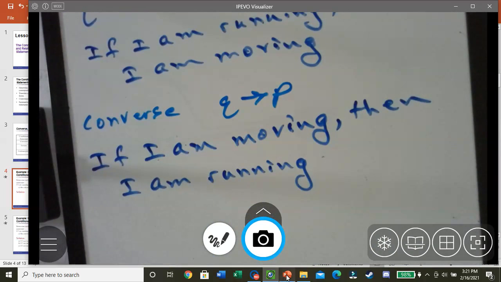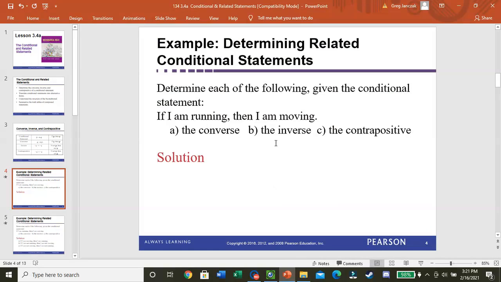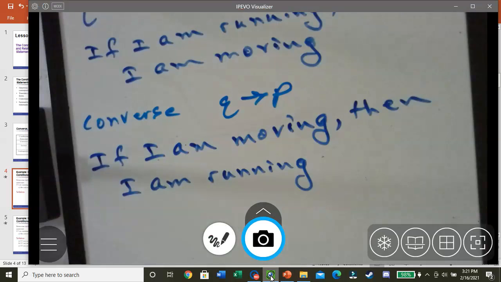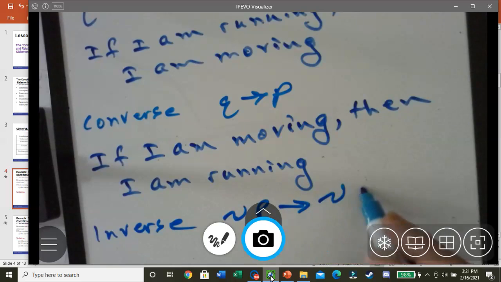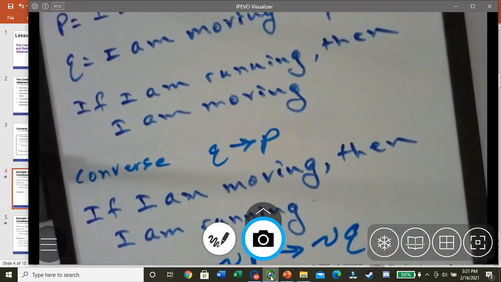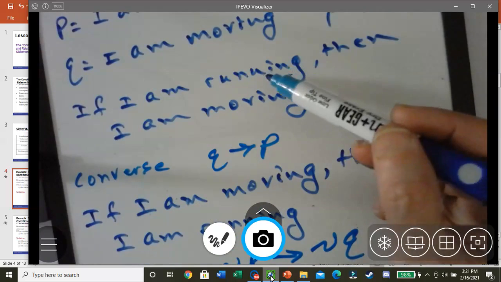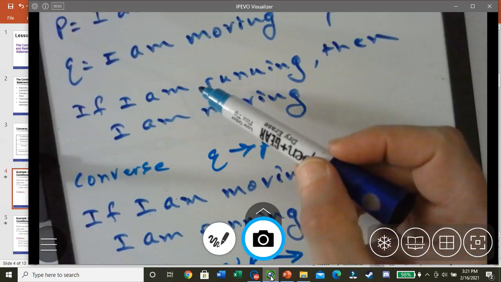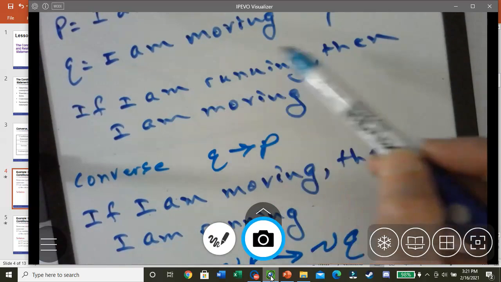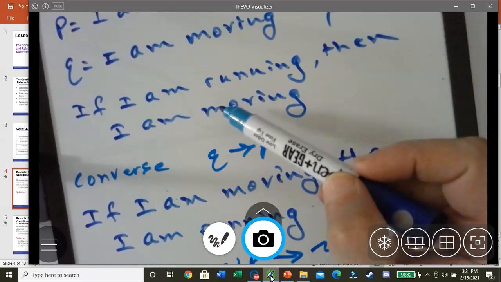Next, we want the inverse. Okay, so the inverse is if not P, then not Q. So that's pretty close to the original statement. The only difference is you're going to put if I am not running, then I am not moving.